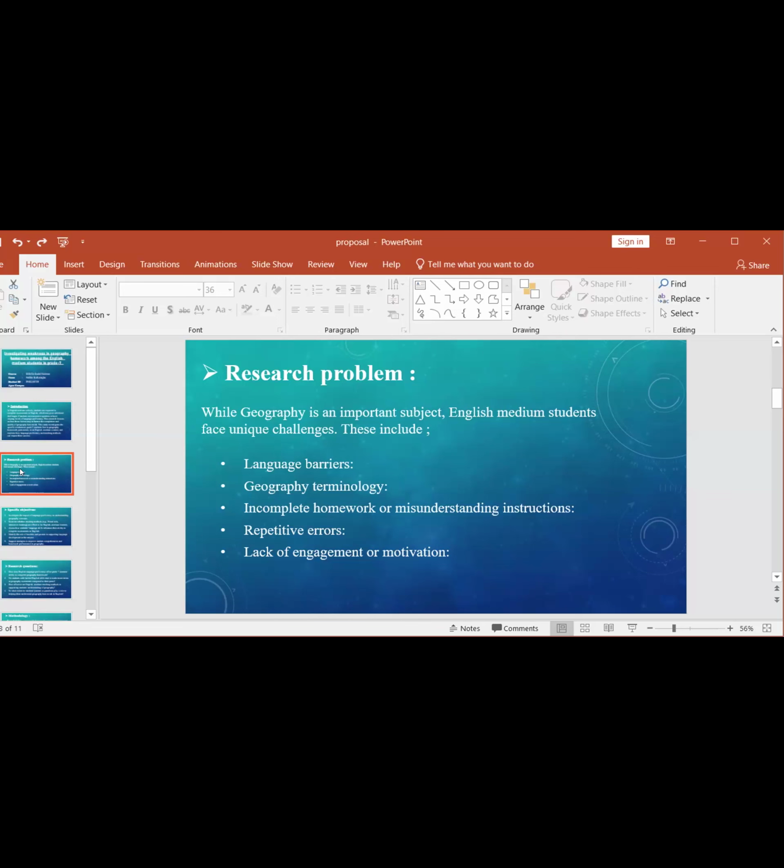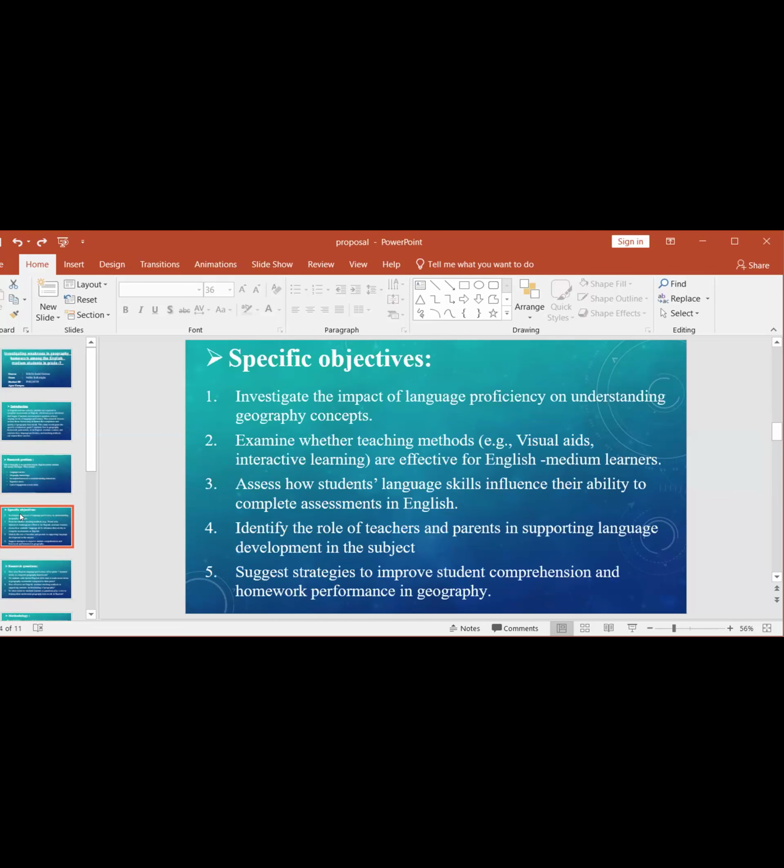Sorry, there are some specific objectives. The first one is to investigate the impact of language proficiency on understanding geography concepts. The second one is to examine whether teaching methods, for example visual aids and interactive learning, are effective for English medium learners.